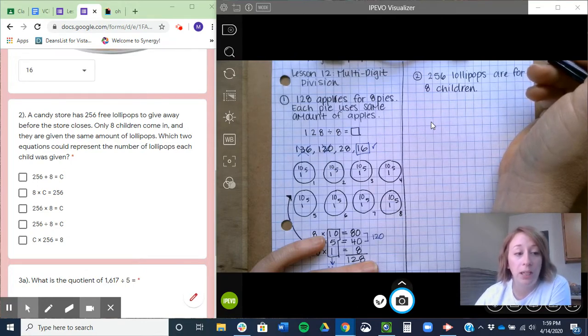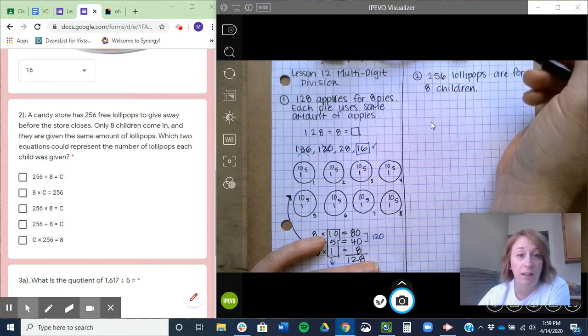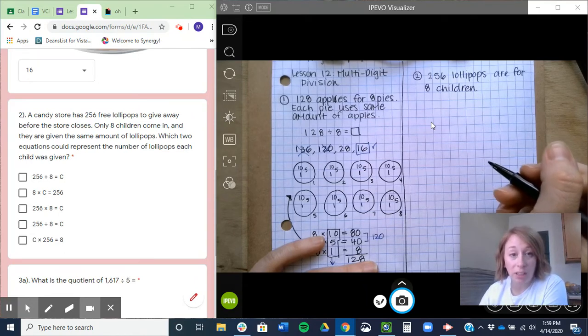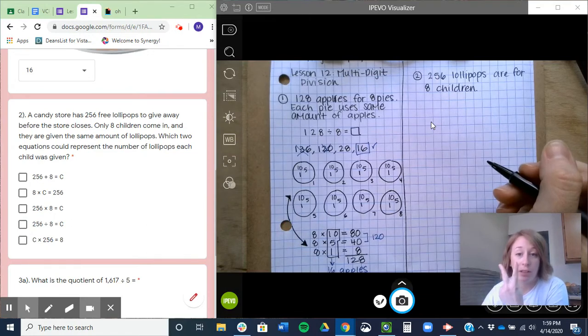Which 2 equations could represent the number of lollipops each child was given? So the other annotation that we should write is what the question is asking. That's right, what the question is asking. The question is asking us to find 2 equations.